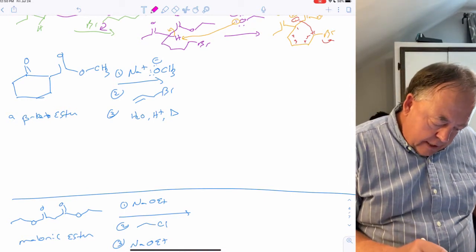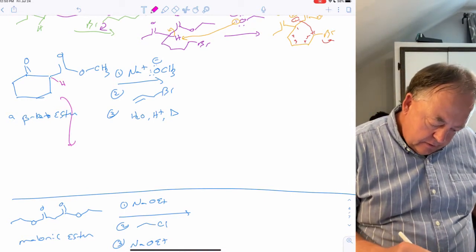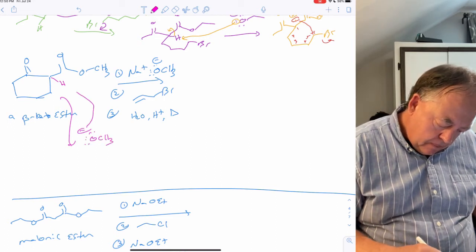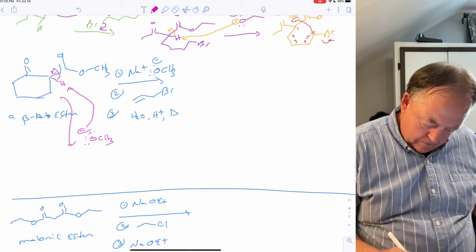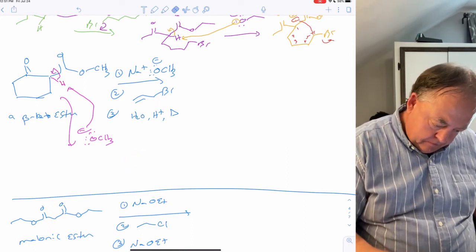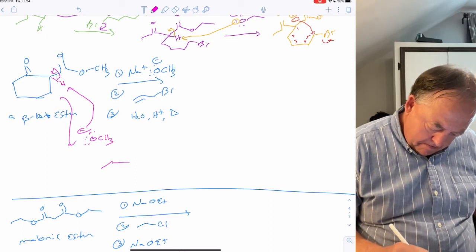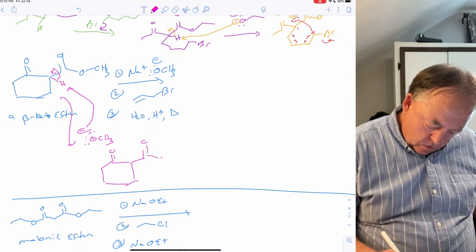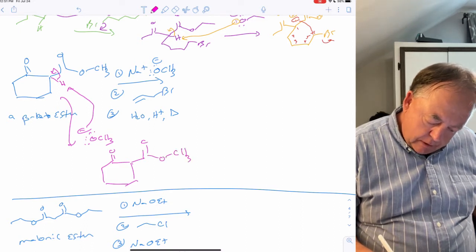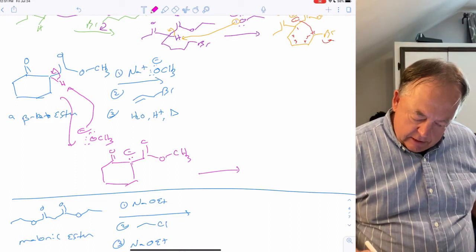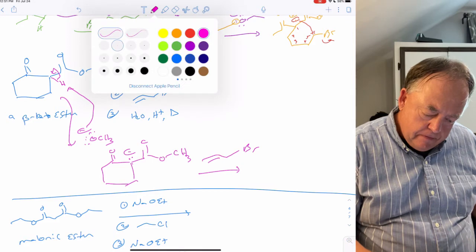So react this with the base, that's your acidic hydrogen. Right, always the one between the two carbon-oxygen double bonds, so long as there's a hydrogen there. And then if you react that with this alkyl halide, this will do an SN2.